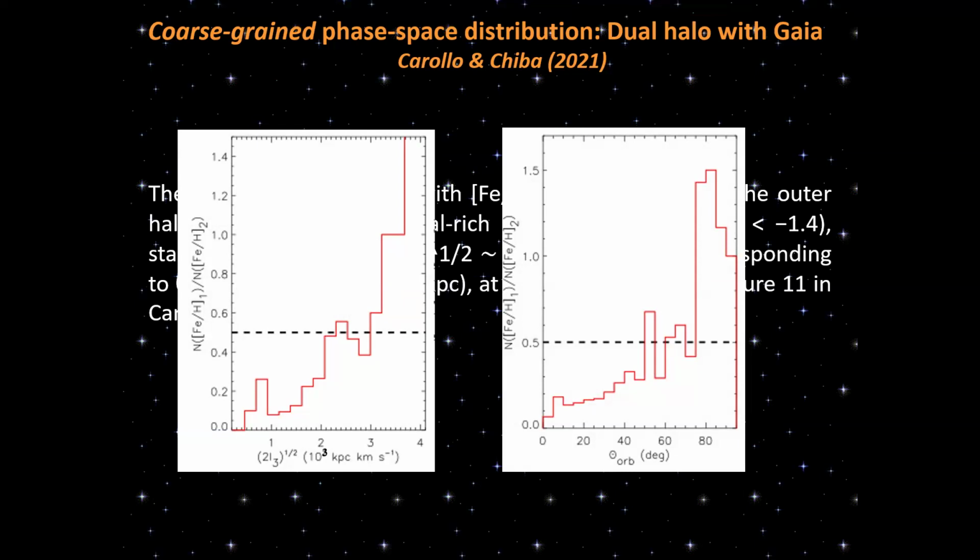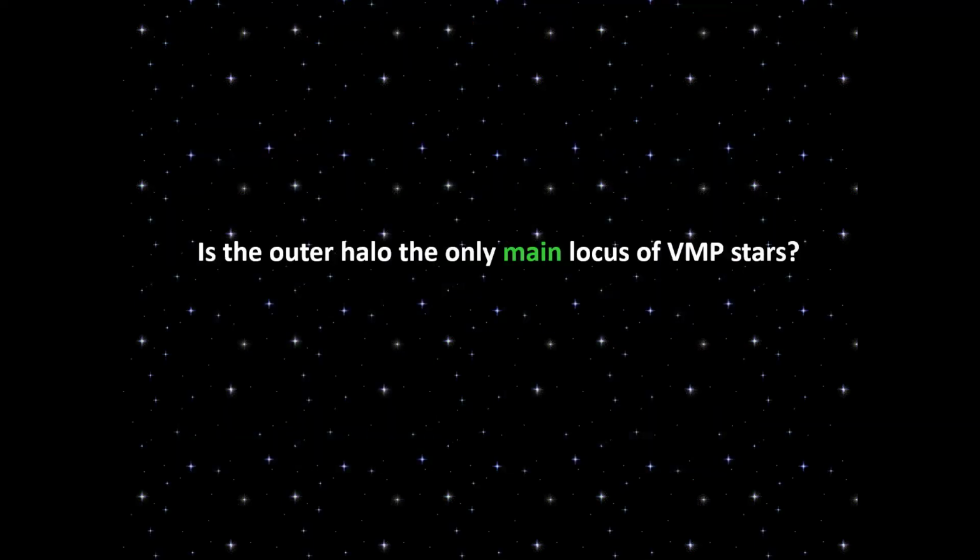As you can see, the very metal poor halo dominates at I3 greater than 2000, so very large values of the third integral that correspond to orbital angles of 50 degrees. So the very metal poor stars that we are interested in are in the halo, obviously, but is the halo the only main locus of these stars?